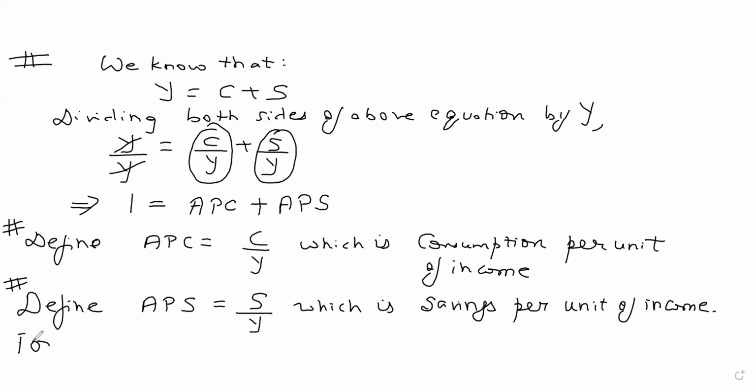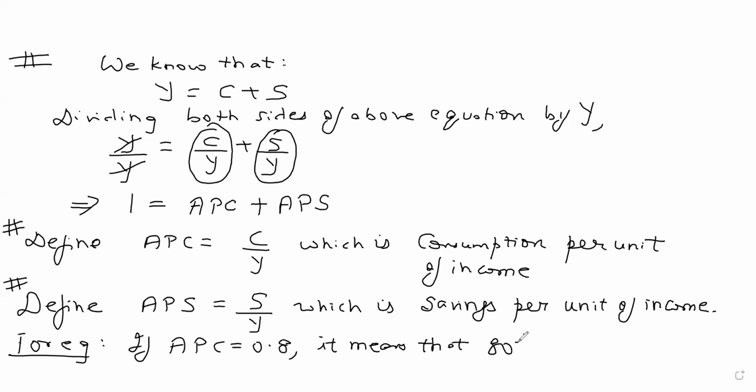So I can write, for example, if APC is 0.8, it means that 80% of the income is consumed. So if APC is given, guys, can I calculate APS?